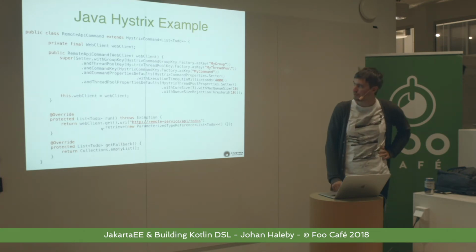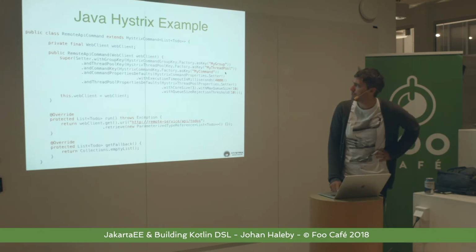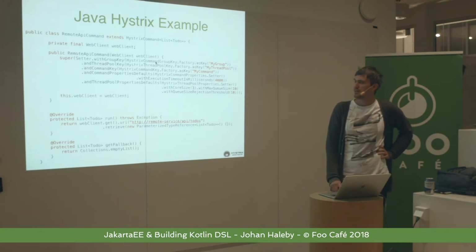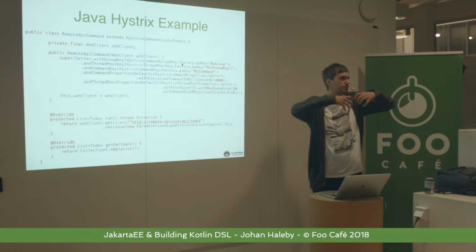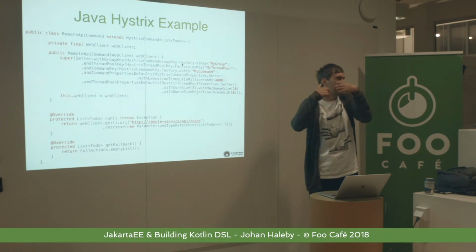But then, of course, we need to configure Hystrix. So here we configure what the command should be called. In this case, my command. And then we have a group key, and this is just a way, perhaps for reporting reasons, to group different commands together.